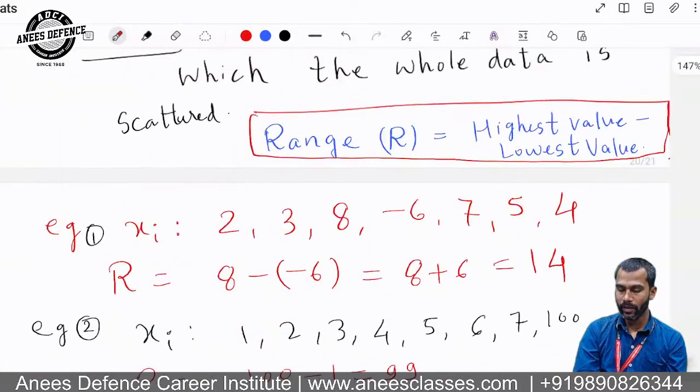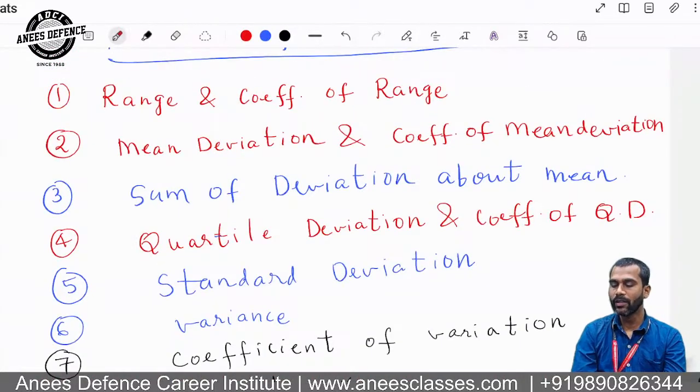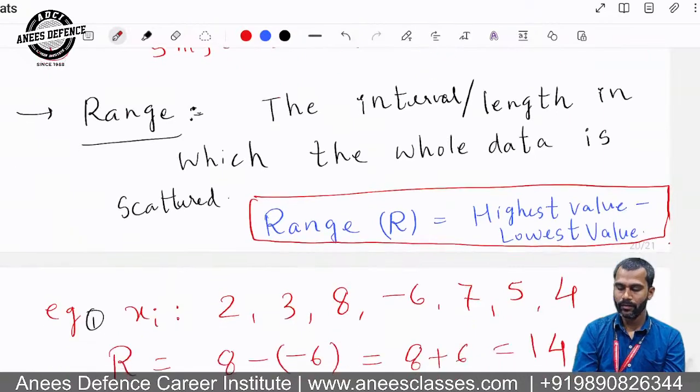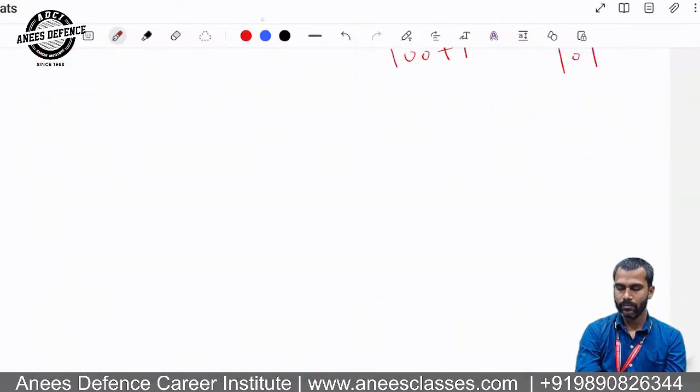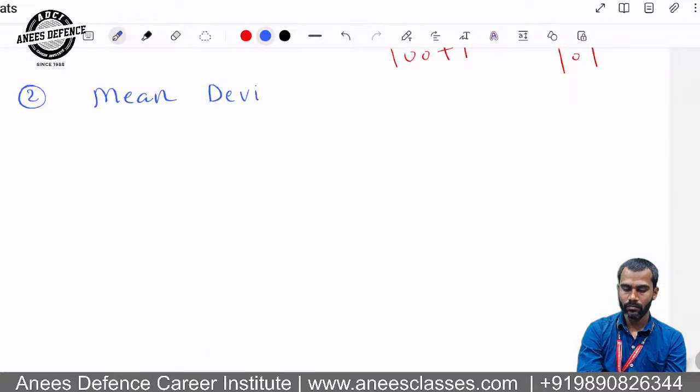Now, what is the next point? Tell me. Mean deviation and coefficient of. So second point is mean deviation and coefficient of MD.